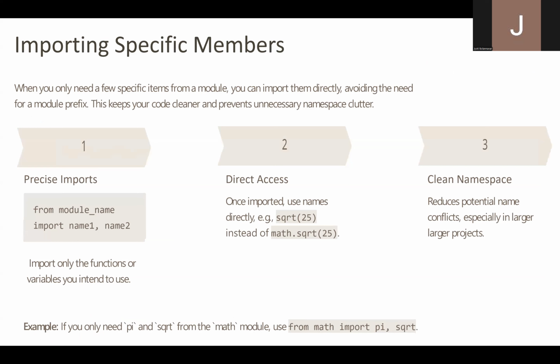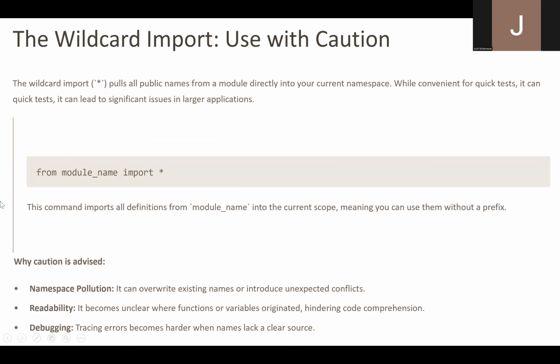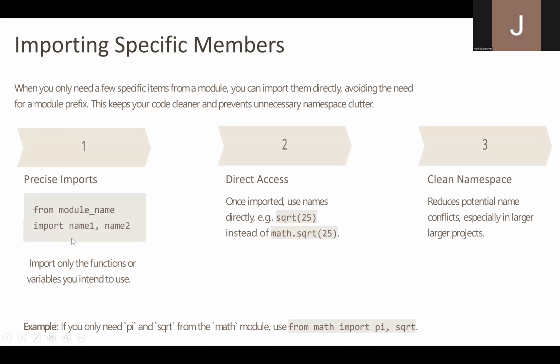In the previous part we learned how to import a whole module. Now you are going to see how to import a specific function of a module. First, we can call this precise import. Here we write from module1, that means where you want to import from, then the import keyword, then which functions or members you want to import.